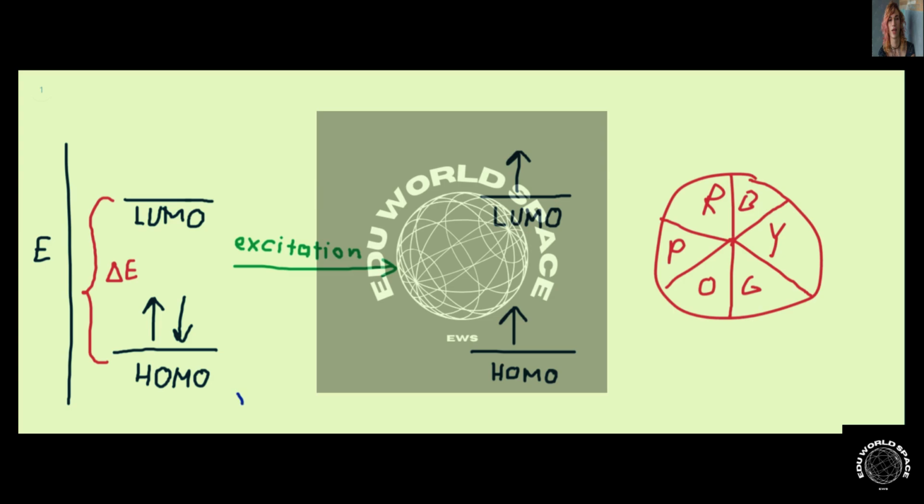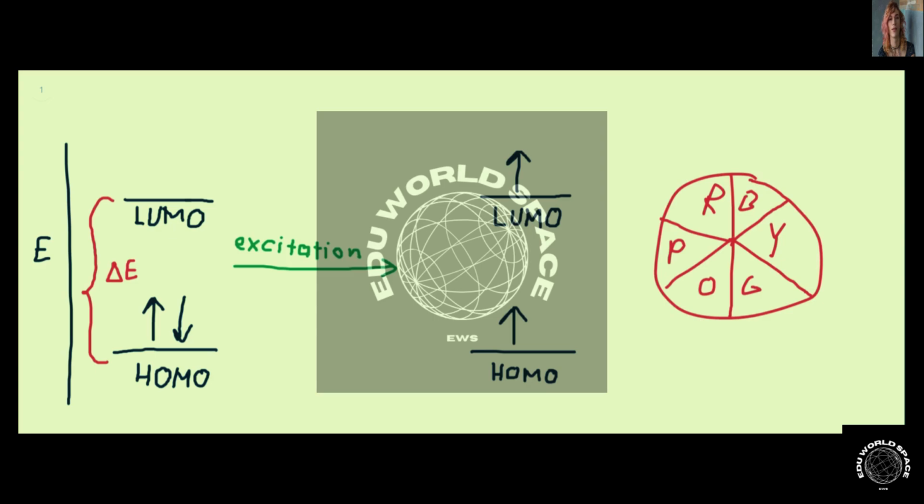Conversely, if you are absorbing a specific wavelength of light in the visible spectrum, that means you have a relatively smaller gap between your HOMO and your LUMO. If you see a white sample, then all of the light is being reflected, none of it is being absorbed.